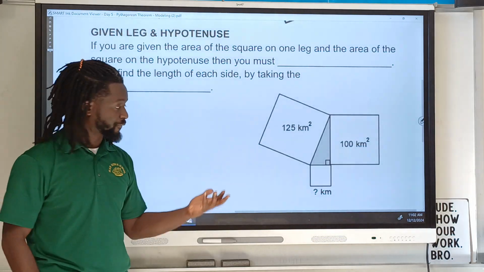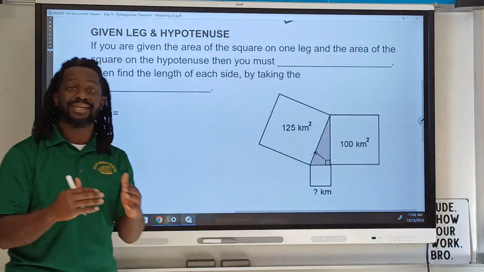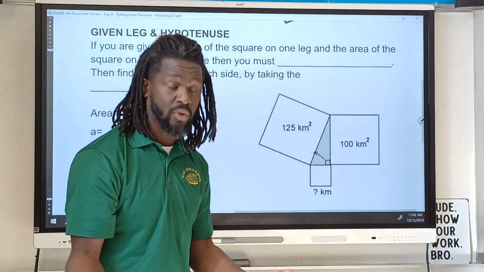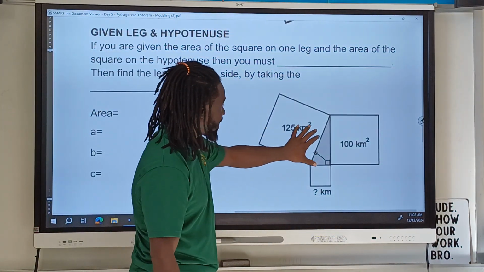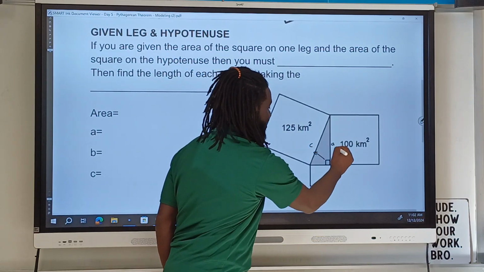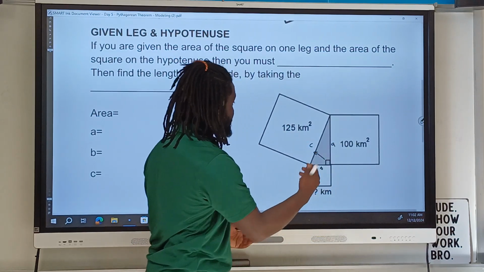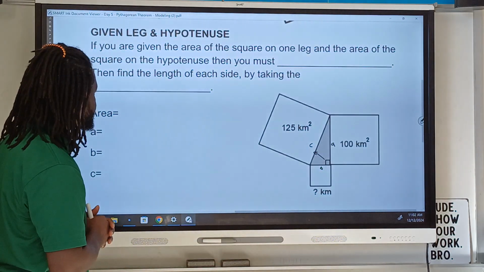Well, hopefully you know the answer to that question. It is the hypotenuse because it is across from the right angle. So this one is the hypotenuse, that would be C in this case. And then this is A, and this is B. C is always across from the right angle.